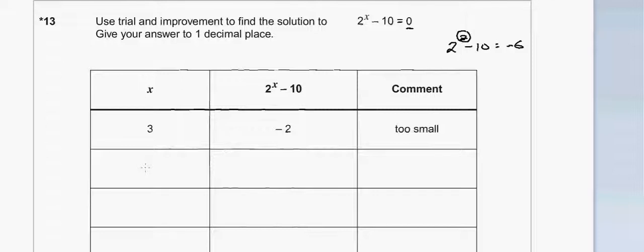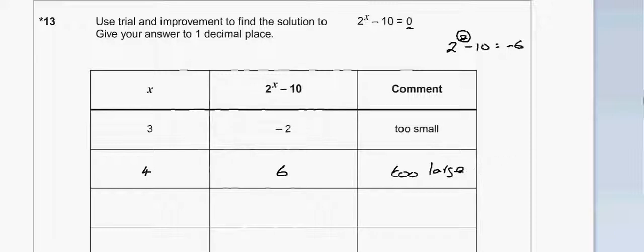So let's say 2 to the power of 4. Now 2 to the power of 4 will be 2 2s are 4, 2 4s are 8, 2 8s are 16, 16 minus 10 would give me 6. Too large.